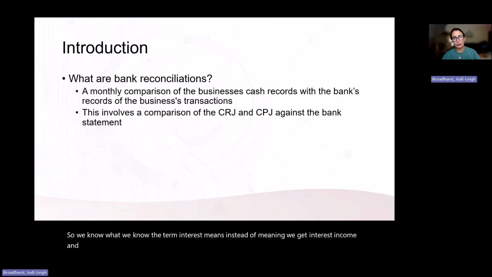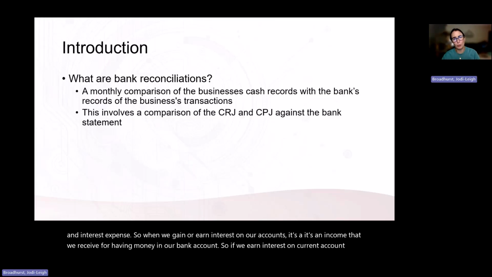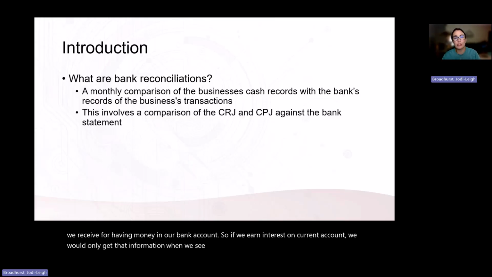When we earn interest on our account, it's an income that we receive for having money in our bank account. If we earn interest on a current account, we would only get that information when we see the bank statement, because we don't know. It's not a fixed amount that every single month we can say, oh great, 85 Rand interest. We know we're going to get it, because interest is worked out as a percentage.